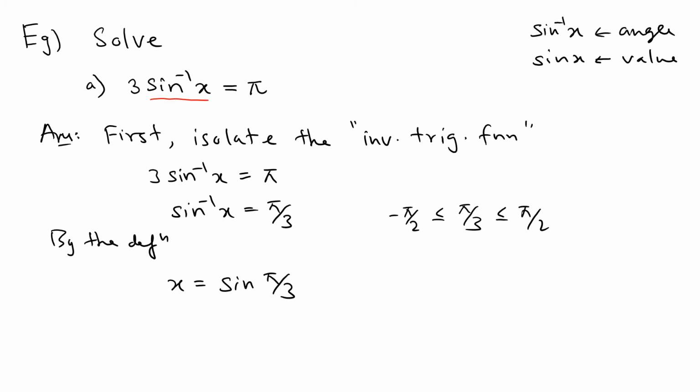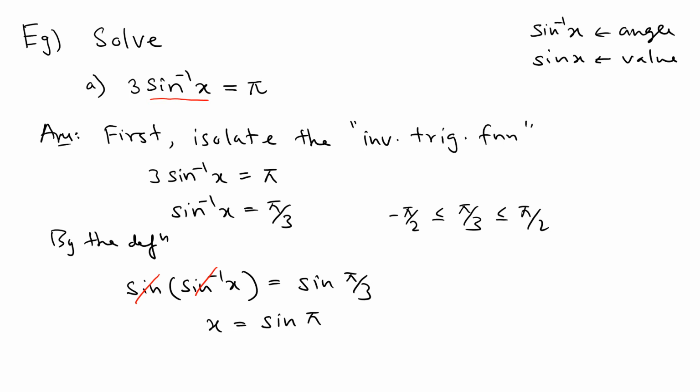Once we take the sine of both sides, actually we can write that extra step. So we can say we take the sine of both sides: sine of sine inverse x equals sine pi over 3. Since x is the value we are looking for, the sine and sine inverse get cancelled out, so we're going to get x equals sine pi over 3.